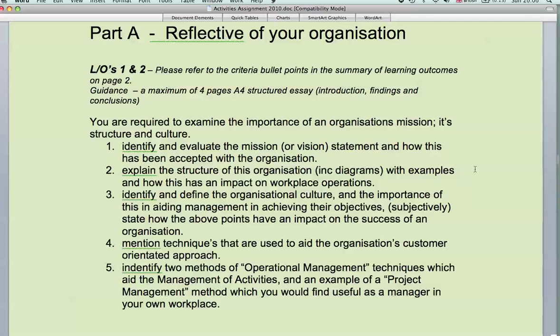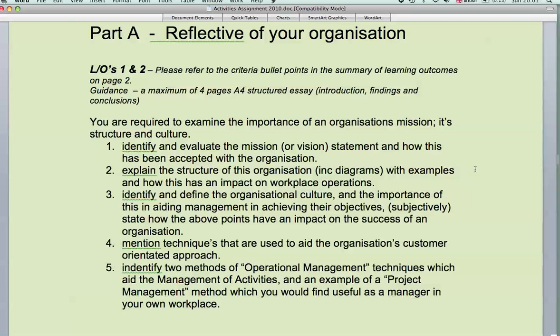So at the end of session 1 and into session 2, we started looking at the importance of a culture and motivation, and there are some good academic theorists which you can draw upon for this. For example, in the Betts Supervisory Management textbook, you'll find some excellent examples of culture in there.